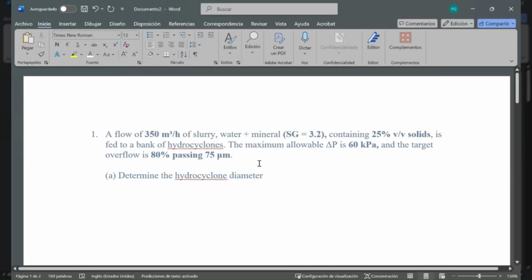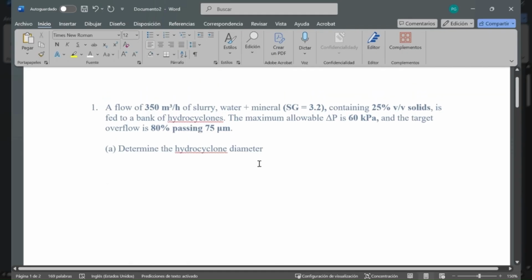Now we're going to develop a small exercise, and I'm going to show you the equations we're going to use. The exercise says the following. A flow of 350 cubic meters of slurry, and by slurry I mean water and mineral, that has a specific gravity of 3.2, containing 25% solids in volume, is fed to a bank of hydrocyclones.